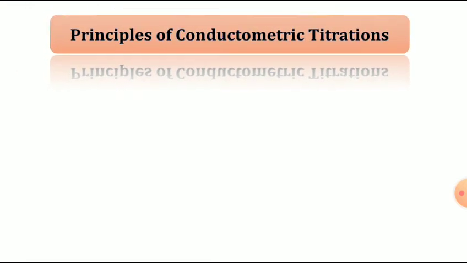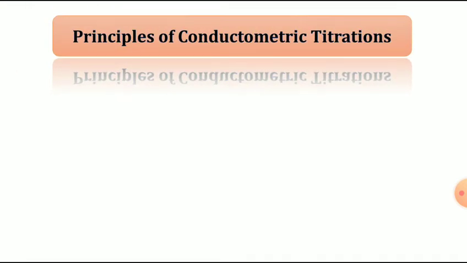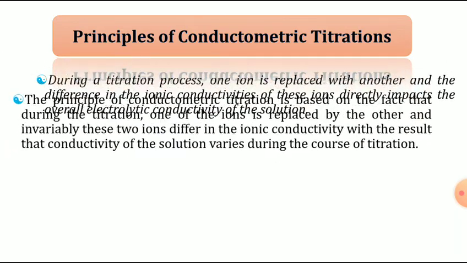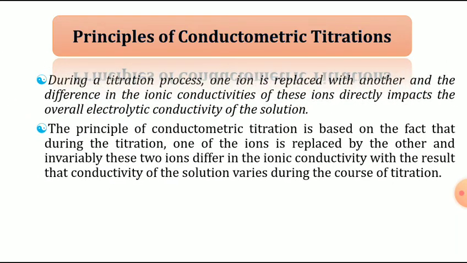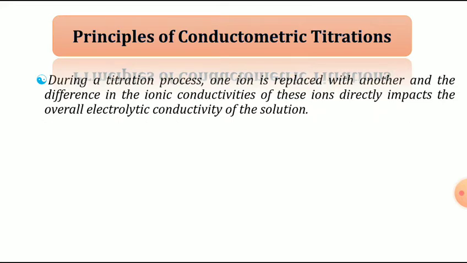Now, the principle of conductometric titrations. During a titration process, one ion is replaced with another, and the difference in ionic conductivities of these ions directly impacts the overall electrolytic conductivity of the solution.